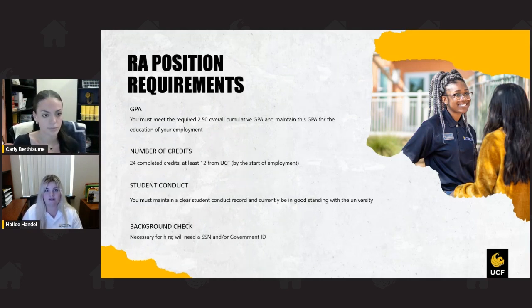So if you're applying for the 2025-2026 RA position, which starts in May, you wouldn't have to have 24 completed credit hours right now. You would just have to be enrolled in 24 credits by the time you hit May. 12 of those credits must be from UCF, but if you're bringing in any credits from dual enrollment or attending a community college, those count as the other 12 credits.